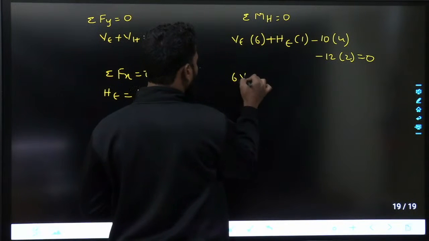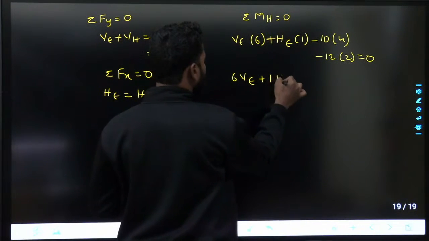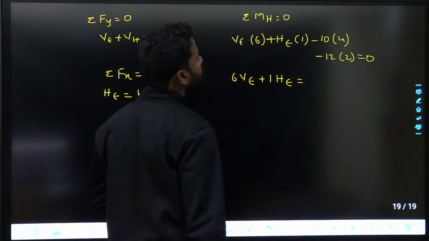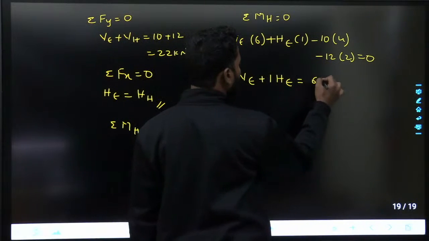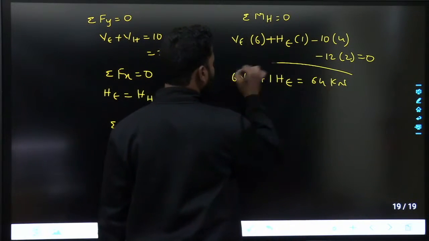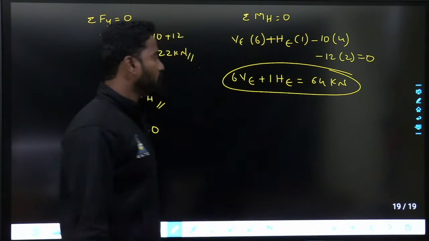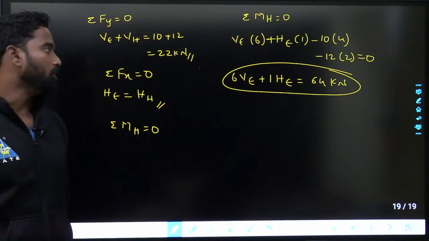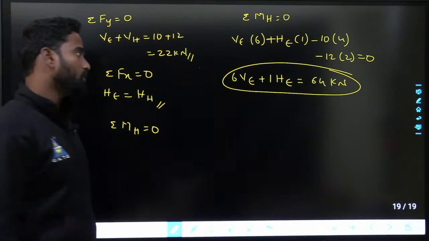From this I will get 6 VE plus 1 HE equals to 40 plus 24, that is 64 kilonewtons. Fine. This is one equation.